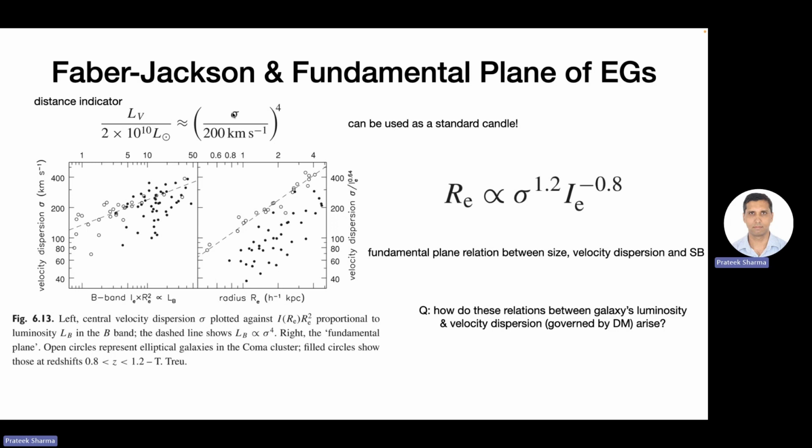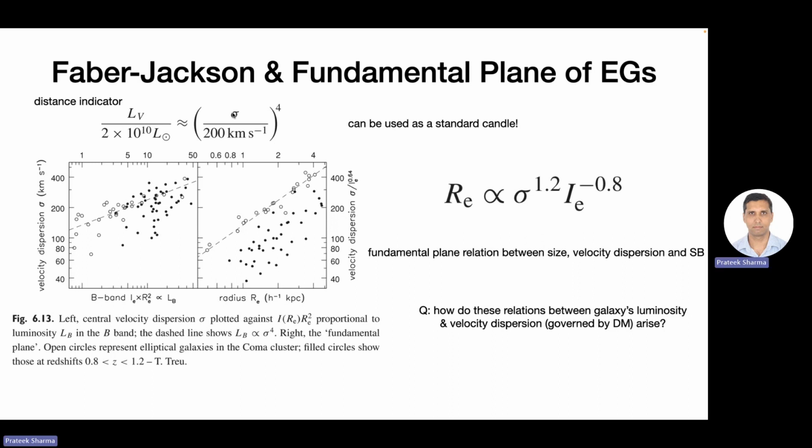If you assume the virial theorem, the kinetic energy is minus half of the potential energy in a static, steady, gravitating system. So at large radii where dark matter dominates, you are measuring this sigma, but the luminosity is the stellar luminosity.